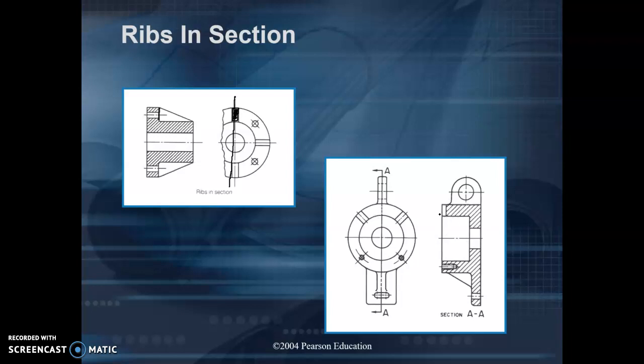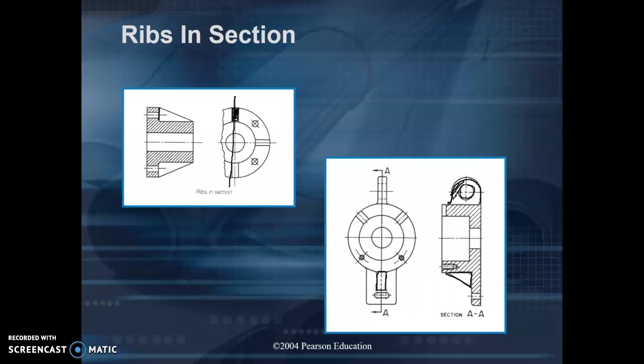And this is just another example. In fact, in this example, we have a triangular shaped rib on this side. So we see the rib here with the section lines omitted. And out here at this end, we have this sort of a semicircular tab with a hole in it. Again, that's solid material.